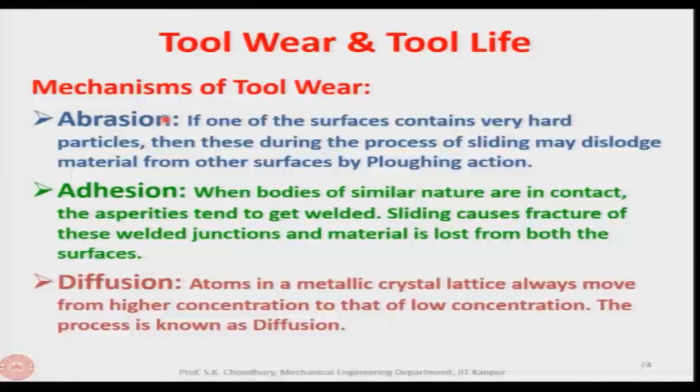Now, the mechanism of tool wear can be either abrasion or adhesion or diffusion. It can be either one of them or a couple of them together; by mechanism we mean the factors which are responsible for the tool wear. So, what is abrasion?